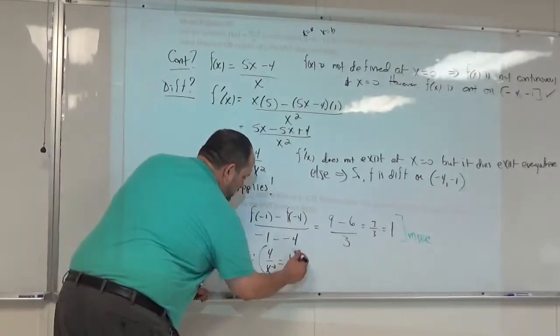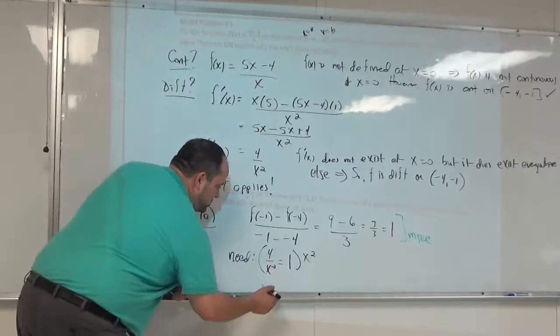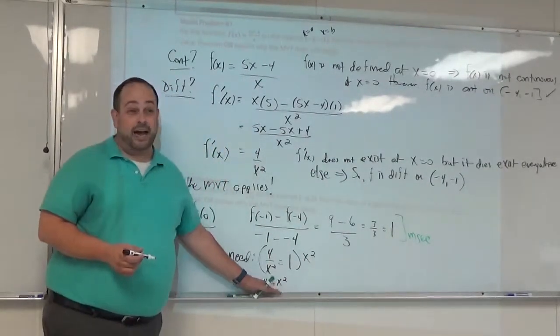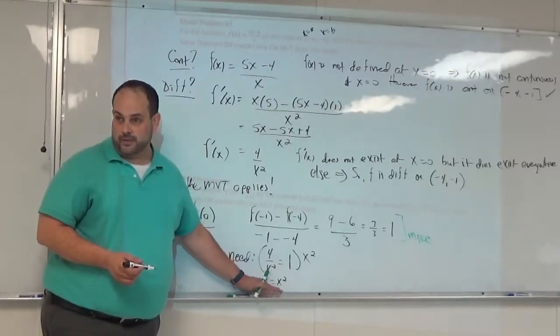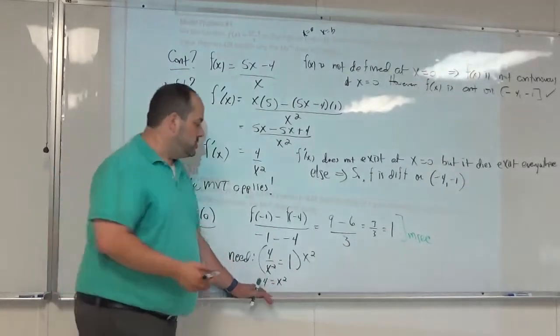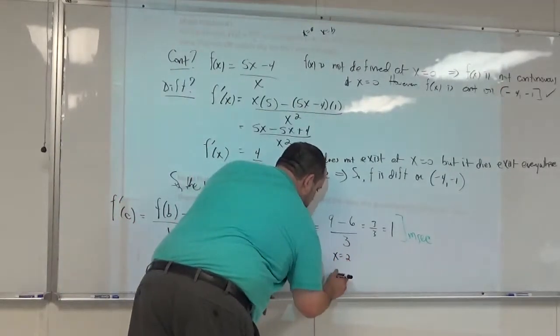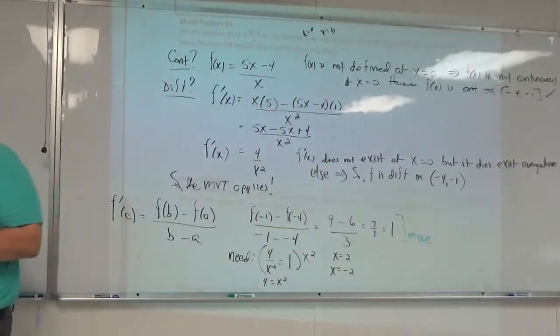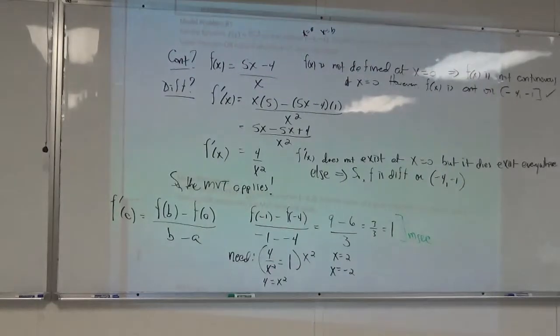If you're not sure, maybe multiply both sides by x squared, and you get 4 equals x squared. Maybe here it's a little more obvious. This should be 2 and negative 2. 2 and negative 2 would be your answers to that question.